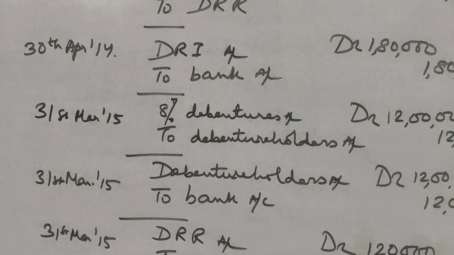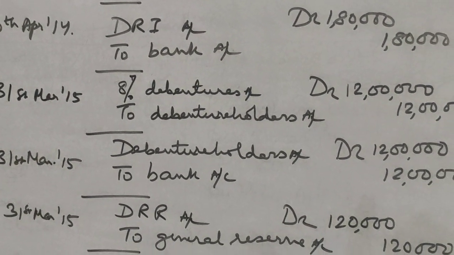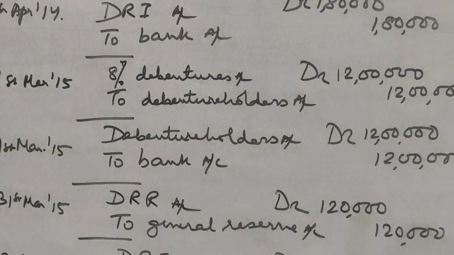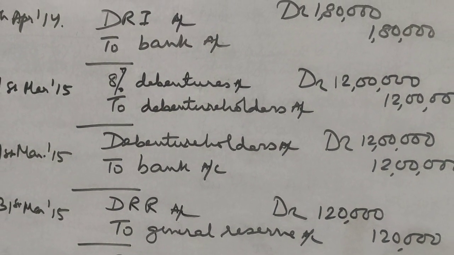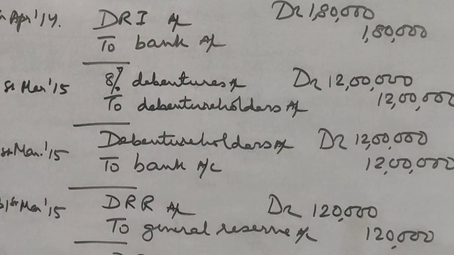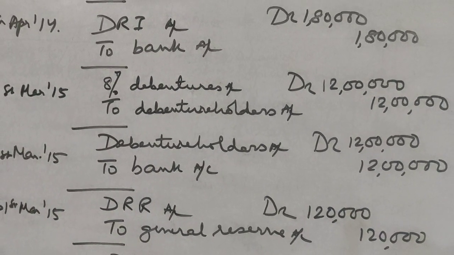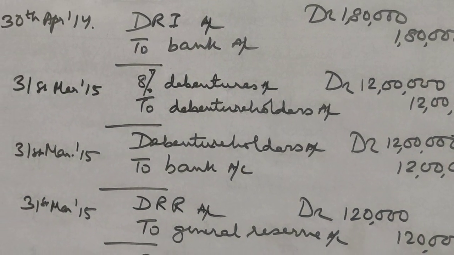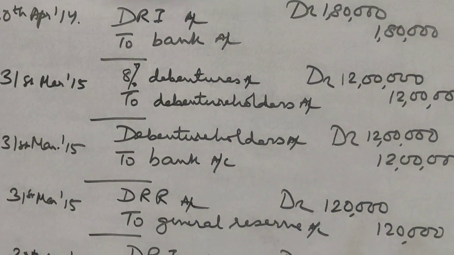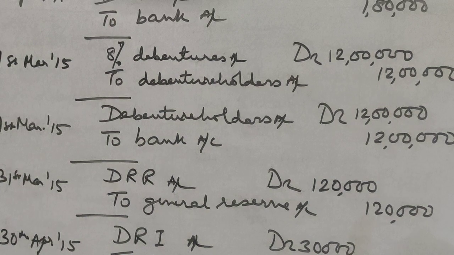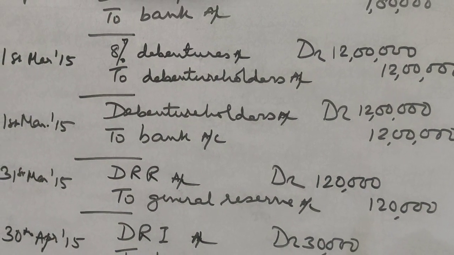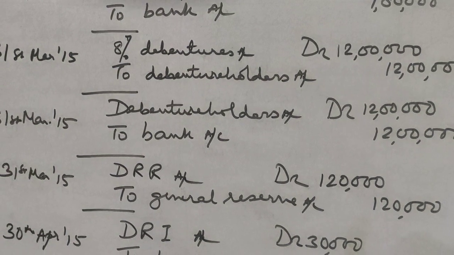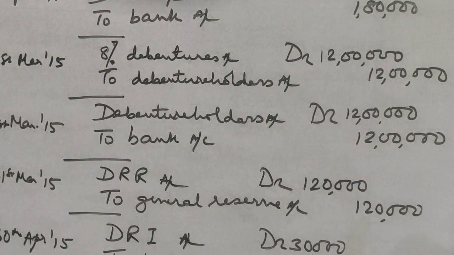Then on 31st March 2015, we are redeeming debentures of 12 lakh. So the entry for that will be 8% debentures account debit 12 lakh to debenture holders account 12 lakh. Then same date we will pay off the debenture holders: debenture holders account debit 12 lakh to bank account 12 lakh.